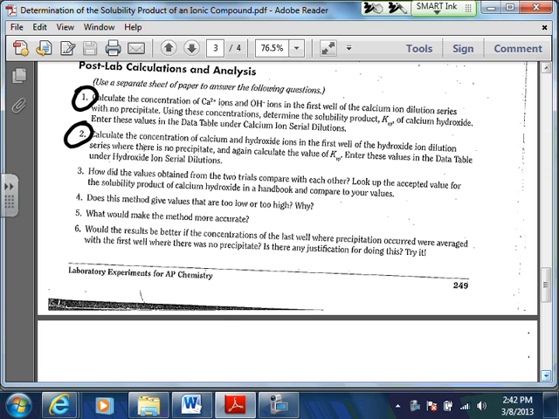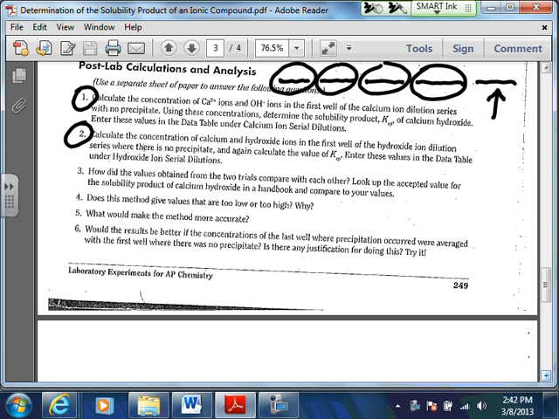Okay, so here, again, without completely answering this question, because it's a good question, let's say that the first time you see no precipitate is in well number 5. Okay, so you've got a precipitate here, you've got a precipitate here, you've got a precipitate here, you've got a precipitate here.